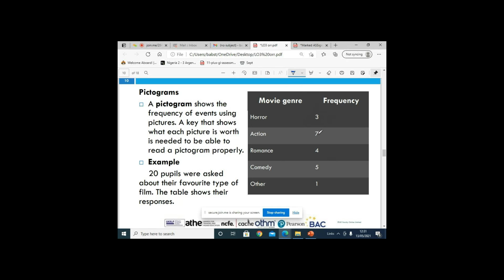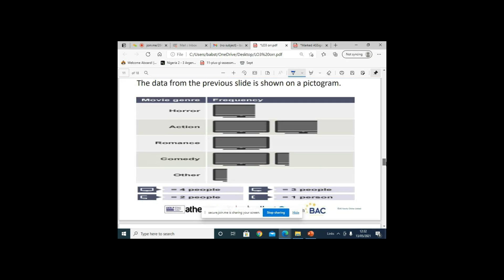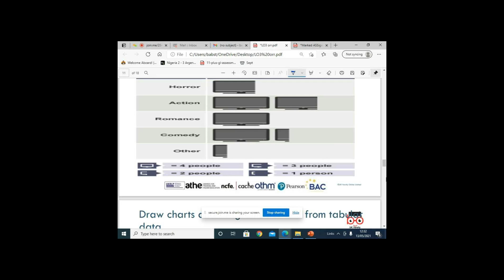If you add them together, they must be 20: 3 plus 7 is 10, plus 4 is 14, plus 5 is 19, plus 1 is 20. Look at this one now, we are using a TV to represent them. When you see a big TV, a full TV, that tells you what?